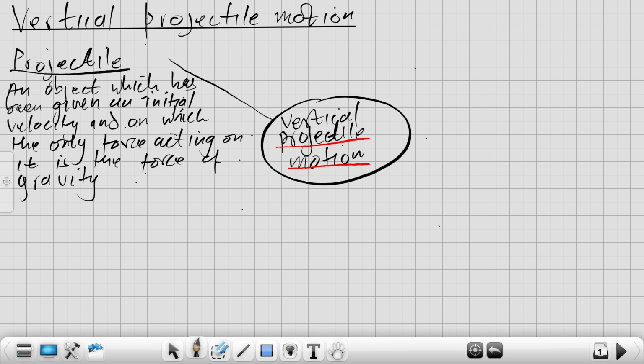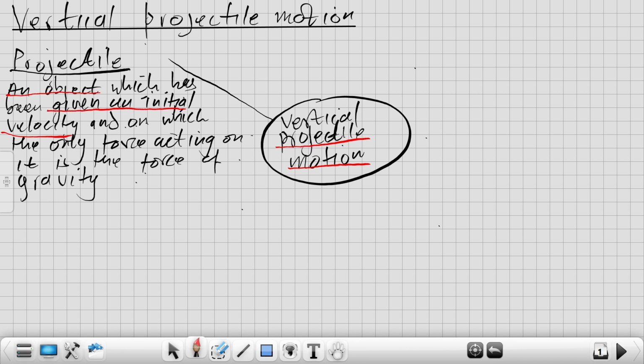So let's highlight the keywords. It is an object. An object can be anything, a stone, a ball, anything. But that object must be given an initial velocity. For us to ensure that it is a projectile, initial velocity should be there.